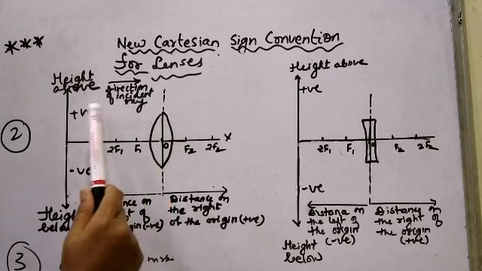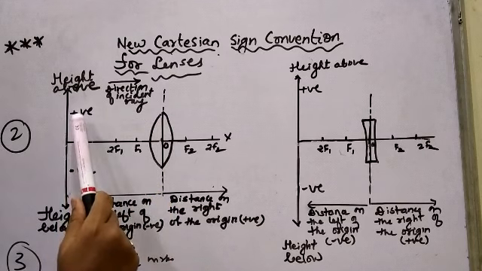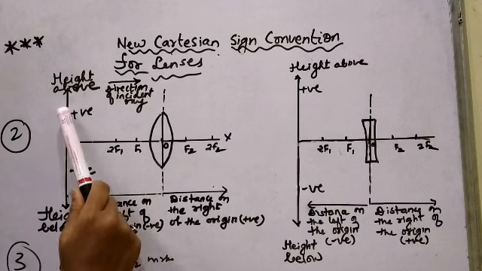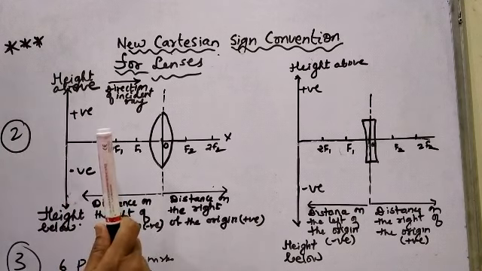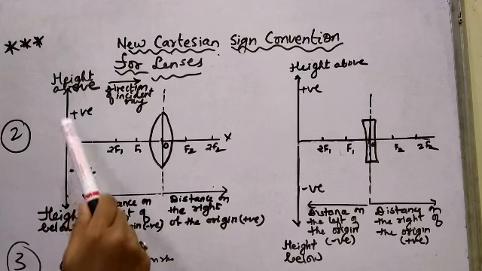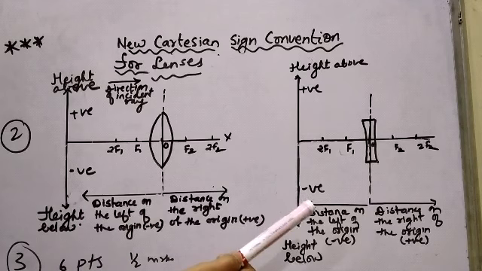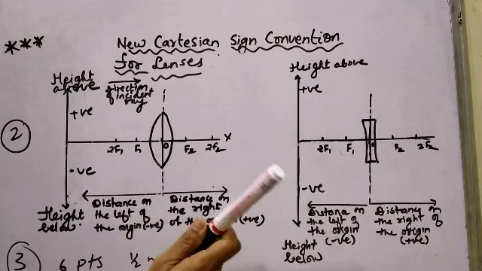If we measure any distance to the left of the origin, then the distance taken will be negative. Next, if we measure distances perpendicular to and above the principal axis, the distance will be taken as positive. But if we measure the distance perpendicular to and below the principal axis, then it will be taken as negative. Then focal length.